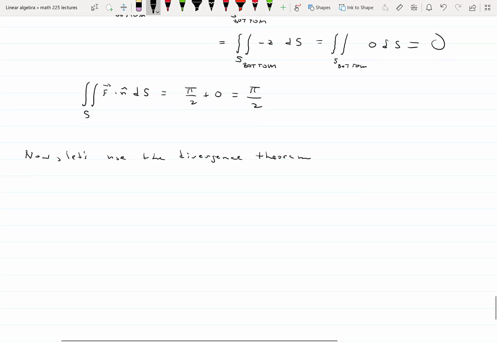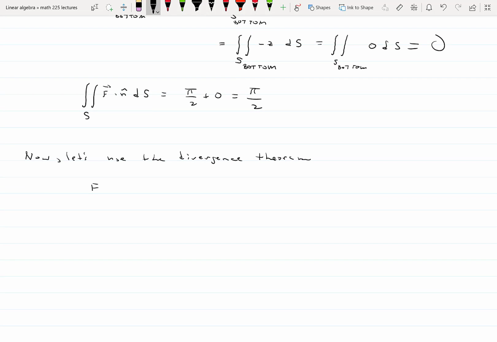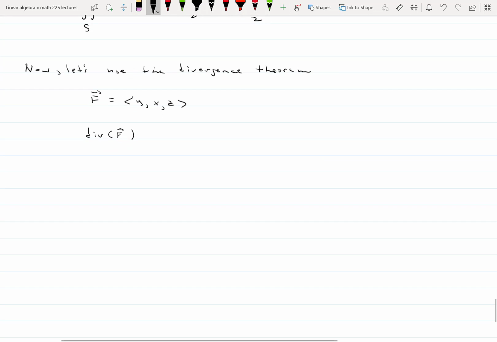Okay. So F is y, x, z. The divergence of F is what's missing. We don't have a formula for the divergence. What is the divergence of F? Well, here's the big formula for divergence.